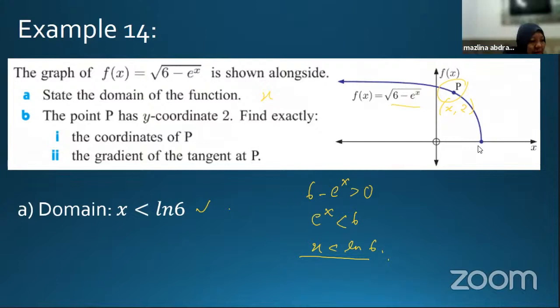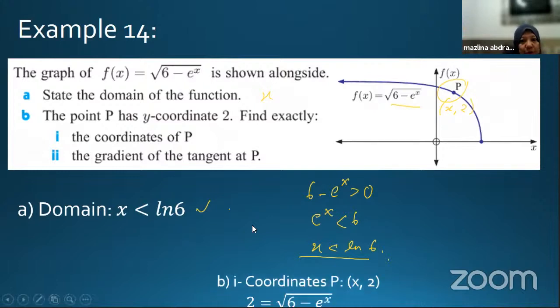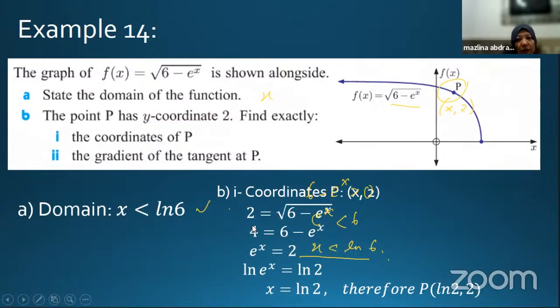Do you have any other answer? No. Okay, so it's supposed to be ln 2 and 2. You just need to substitute the value. So you're supposed to get the coordinate ln 2, 2.